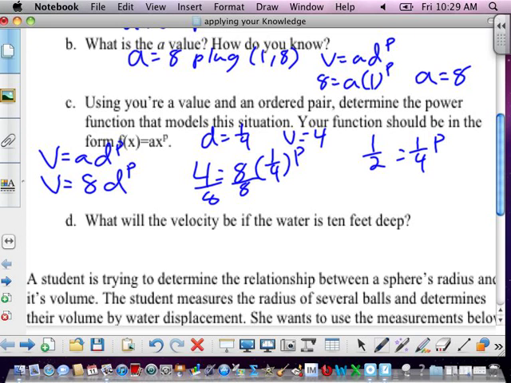I got it. What is it, Bella? 1/2. So we know our equation is velocity equals 8 times d to the 1/2. We found our equation.